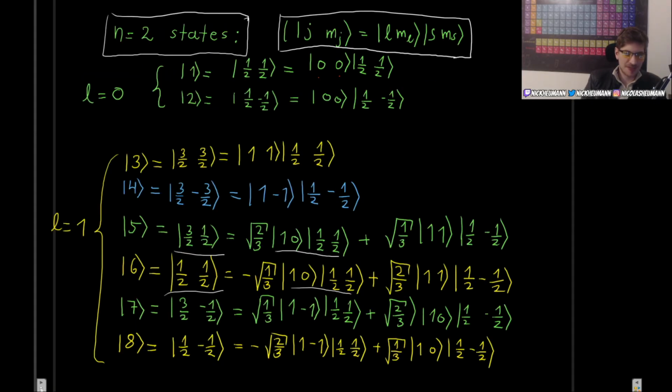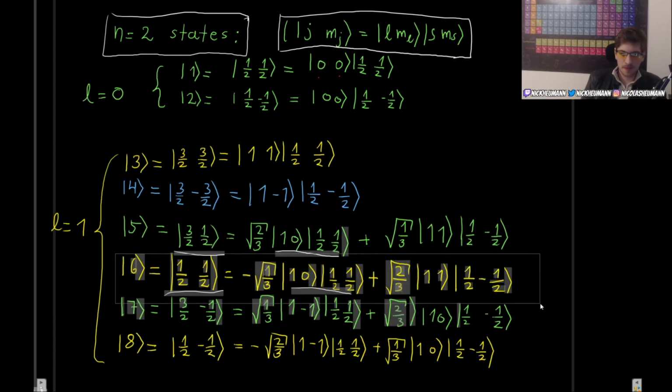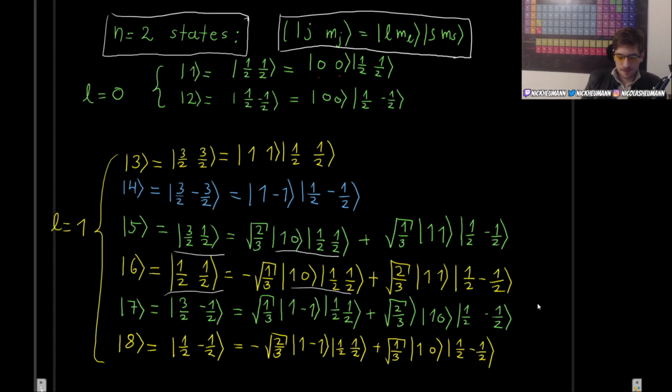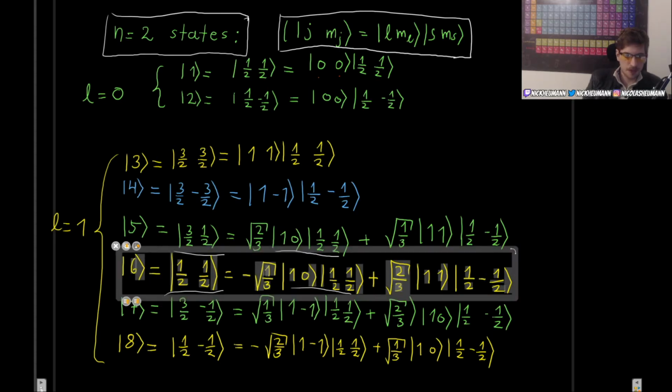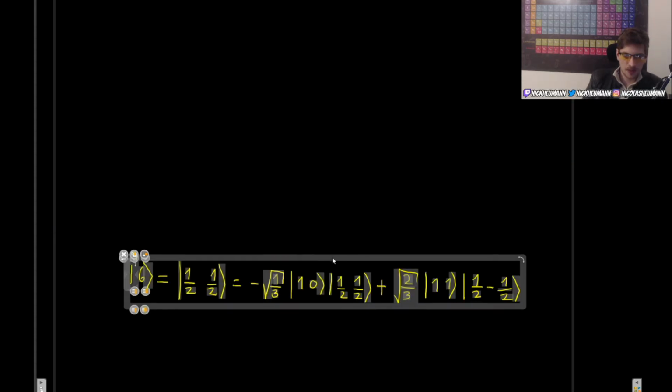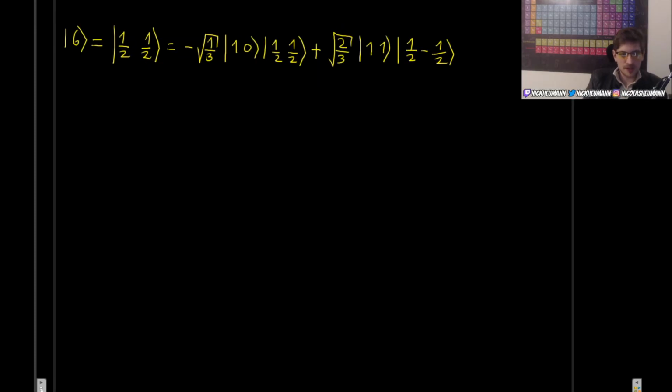Okay, what was state number 6 again? This. Hopefully I copied it correctly. Looks good enough. Okay, so W66. We have to take the inner product of this part with itself, which is something we have already done, so let's maybe speed it up a little bit.